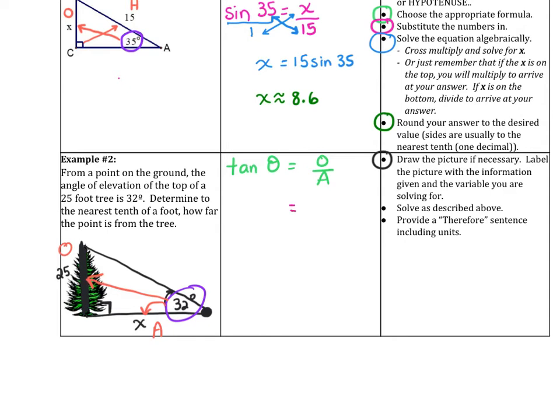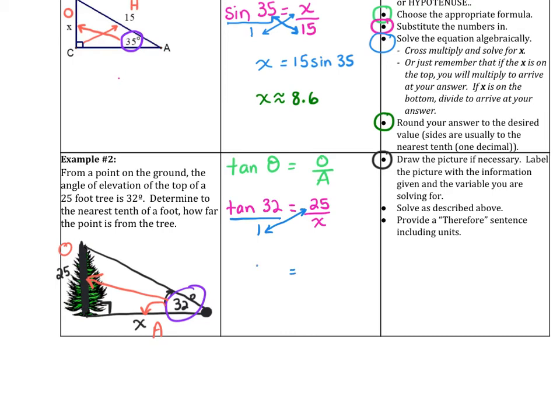Substitute in. Tan, our theta is 32 degrees. Our opposite is 25, and our adjacent is x. Then to solve it, we're going to make this a fraction and cross multiply. So 1 times 25, line up your equal sign.